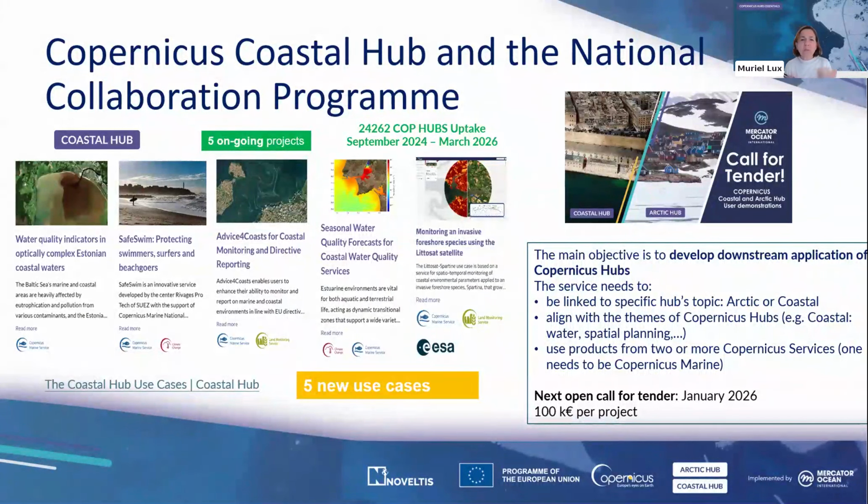It can be spatial planning, water quality, and so on. The idea is that the service must use products from at least 2 or more Copernicus services, and at least one from the Copernicus Marine, of course. So stay tuned when we launch this call for tender on our website.